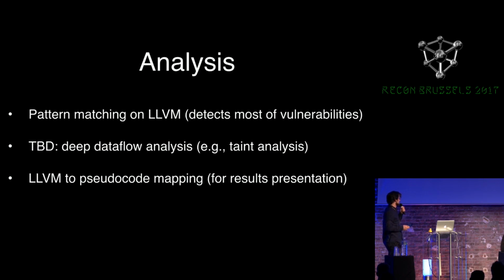Our research shows that the most dangerous vulnerabilities can usually be found by pattern matching. Also, pattern matching is fast, so it is important for large binaries. So we use pattern matching on LLVM for now. For other vulnerabilities, we will develop other data flow analysis algorithms, for example, taint analysis.